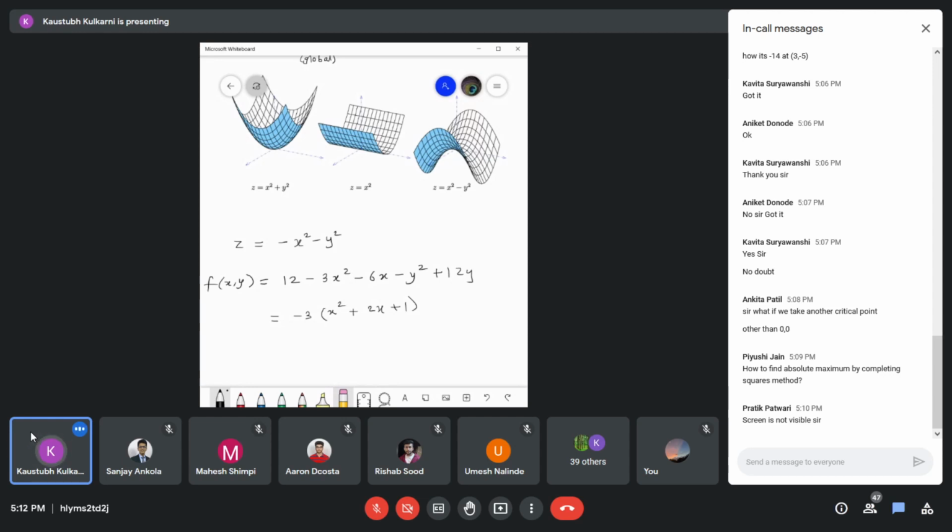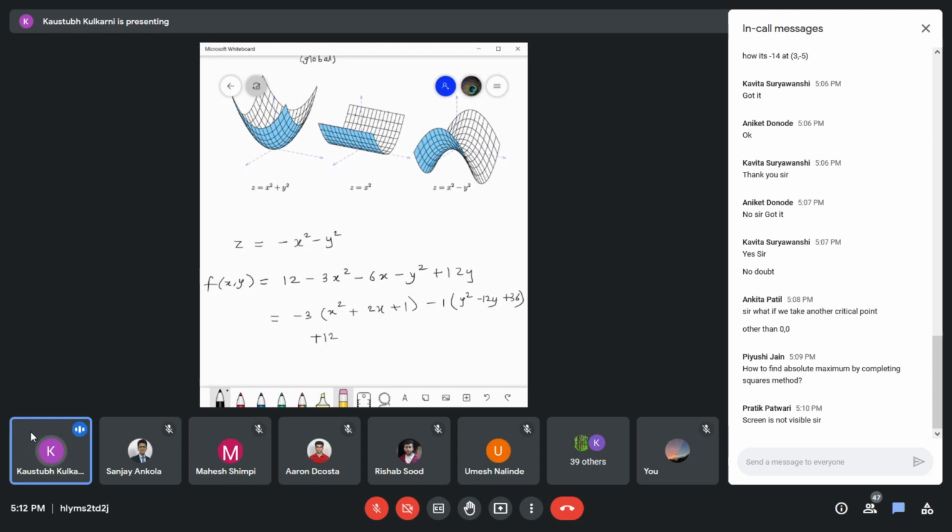And in this case, we have minus 1 y square minus 12y, and 12 means b is 6, so we have 6 square, that is 36 over here. 12 is a constant we had already.